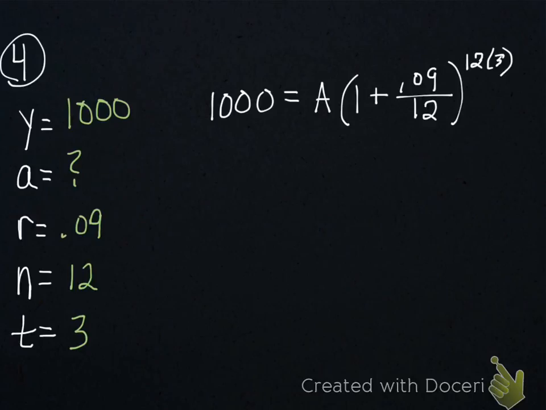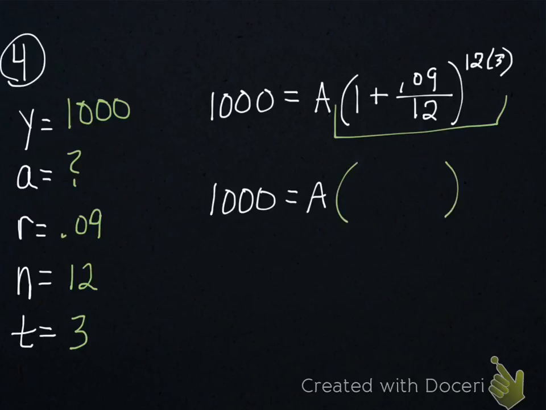Okay, remember that this whole big stuff in parentheses raised to a power is actually a number. We can compute that part in the calculator. So what do we get when we compute that number? I got 1.3086. Okay, so that's the coefficient for A.